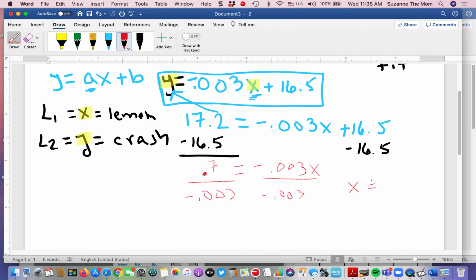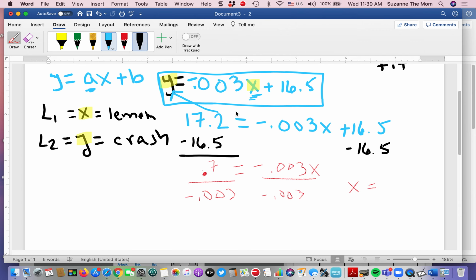And I'm going to divide by negative 0.003. You'll stop me if I'm wrong. It looks like that can't happen because we got a negative number. So that means we're not importing any lemons in order to have that crash rate.